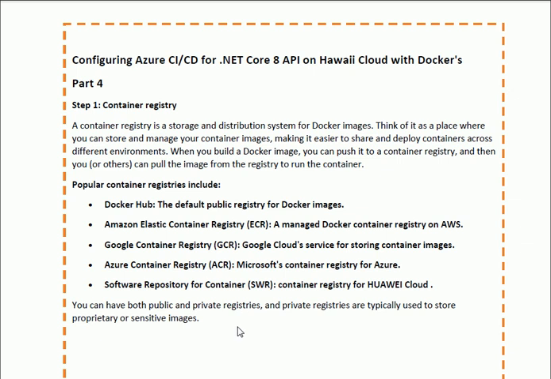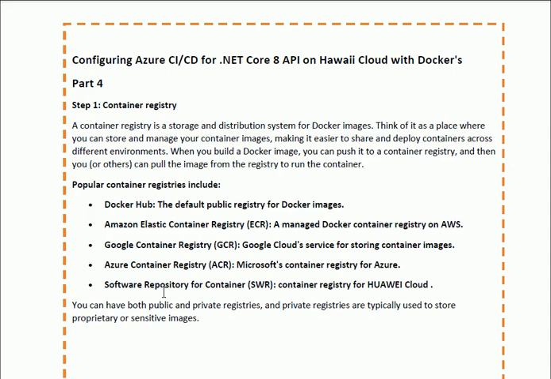Nowadays, in most software, we are using a container registry like Docker Hub. In AWS, we are using ECR, Amazon Container Registry, and on Google Cloud, we are using GCR, Google Container Registry, and on Azure Cloud, we are using ACR, Azure Container Registry.